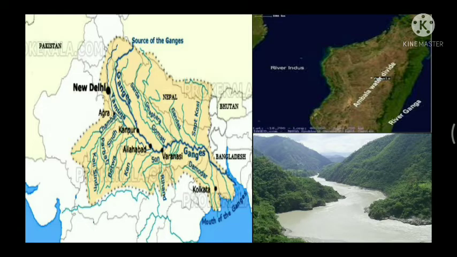In other words, there is a fall of just 1 meter for every 6 kilometers. Therefore, the river develops large meanders. Fine. These are the facts all about the Ganga river system.